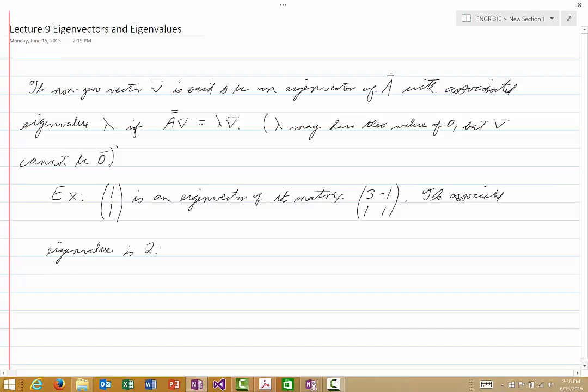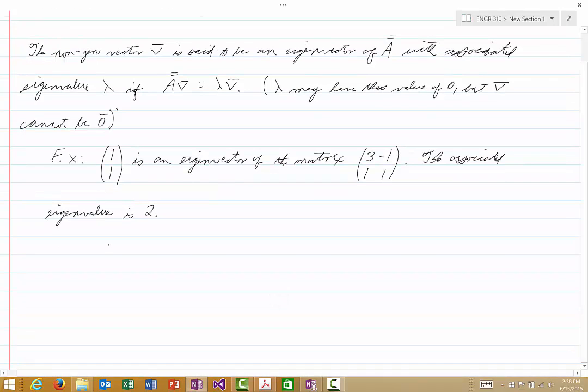Now let's see why this is true. If we take this matrix 3, -1, 1, 1, and multiply it by the vector 1, 1, what do we get? Well, 3 times 1 is 3, minus 1 times 1 is minus 1, and 3 minus 1 is 2. And 1 times 1 is 1, plus 1 times 1 is another 1, and 1 plus 1 is 2. But note that this vector 2, 2 can be written as 2 times 1, 1.